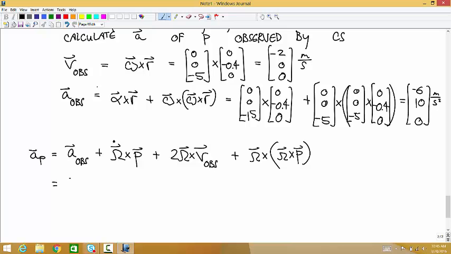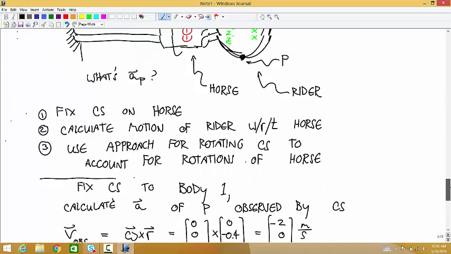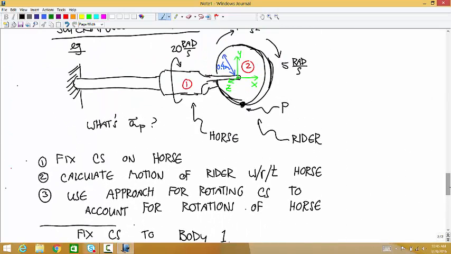Okay, so A observed is negative 6, 10, 0. What's the angular velocity dot of the coordinate system? 0. Yeah, because I didn't give anything. This is constant.